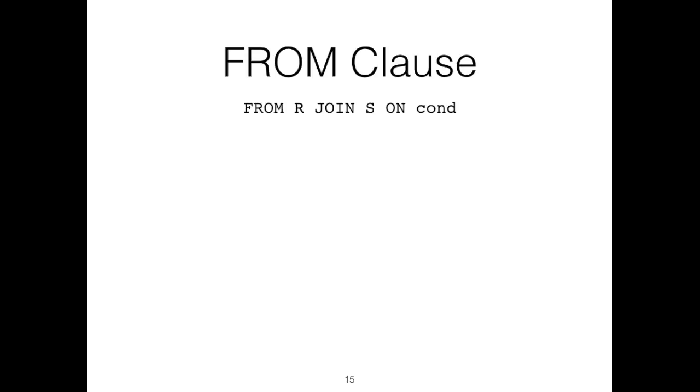Any guesses on how that might be translated? Yeah. So this gives you a selection predicate to apply to the output of the join. Great. R cross S, and then apply the predicate.